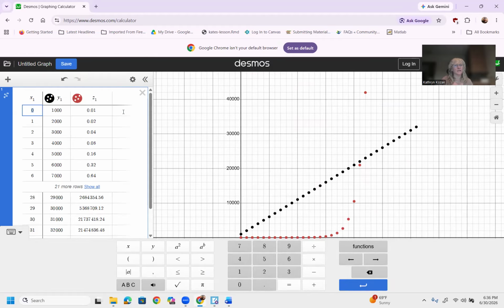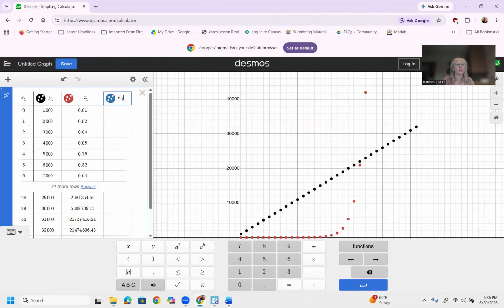I can also do my last one, which we'll call W1. If you just start typing W and then put a 1, it'll put it as a subscript. And that was my 30,000. And just so that I can have all of this in there, I'm going to keep typing them all in. And oops, 50,000.